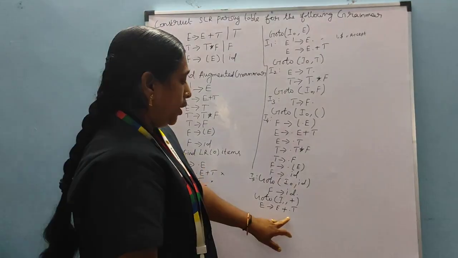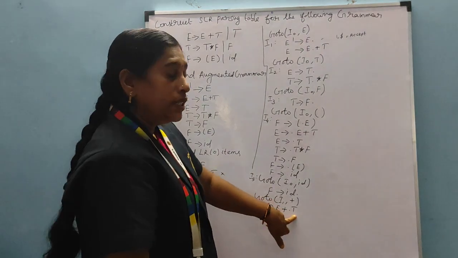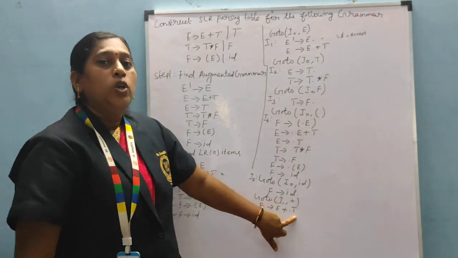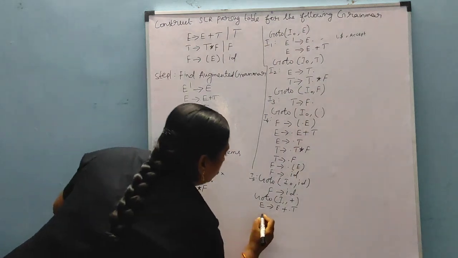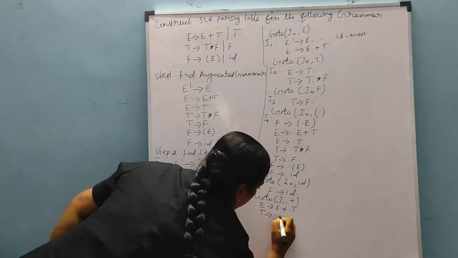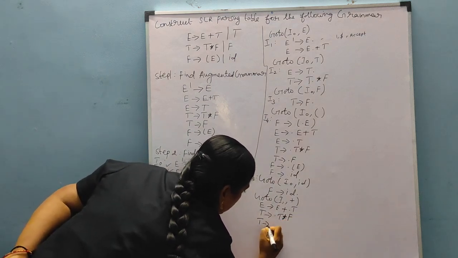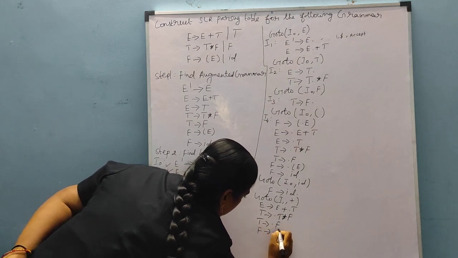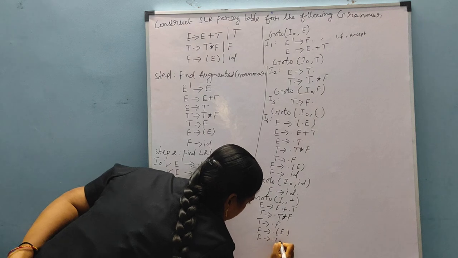Now check after the dot movement, non-terminal T is present. What is the rule when a non-terminal T is present? We have to add the non-terminal T productions from the I naught state. So T productions: dot T star F. T tends to dot F. Again for the F. F tends to dot E. F tends to dot ID.